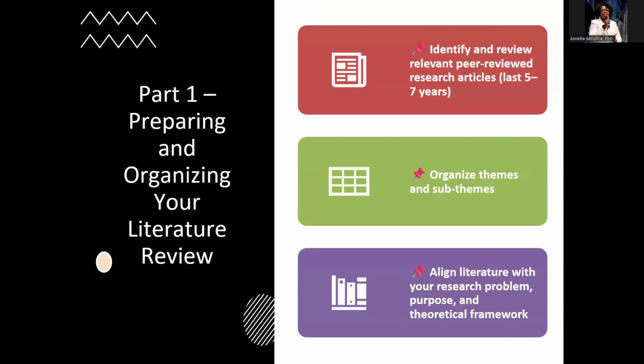So, preparing the literature review, part one: preparing and organizing your literature review. Again, chapter two, which is your literature review, is divided into two parts, but we're going to focus on part one first. In part one, you want to make sure that you identify and review recent, relevant, peer-reviewed research from the last 5 to 7 years.